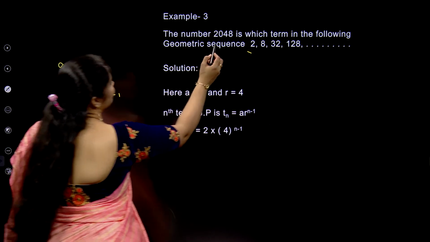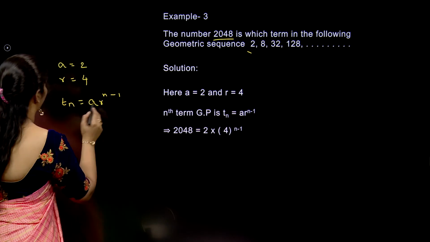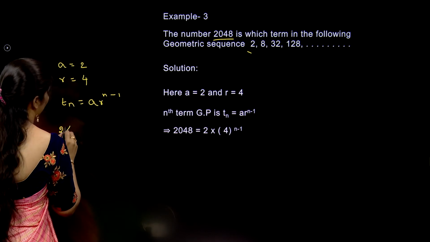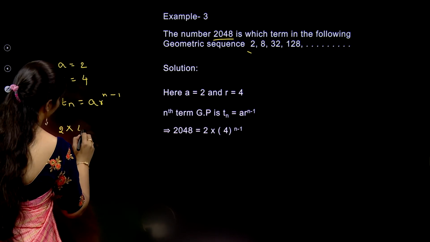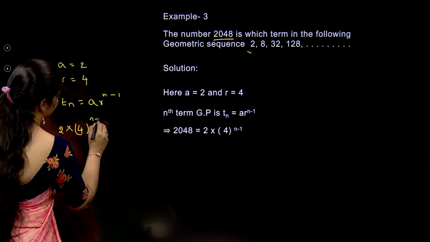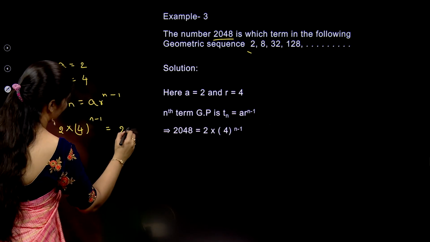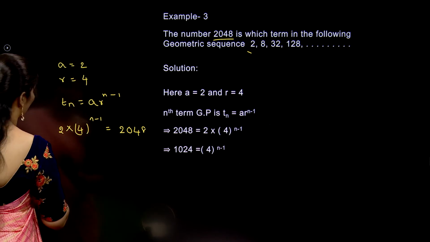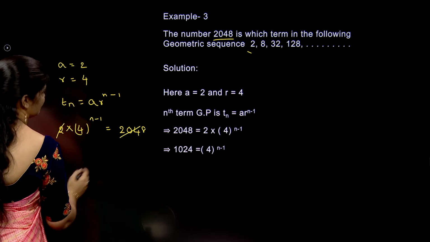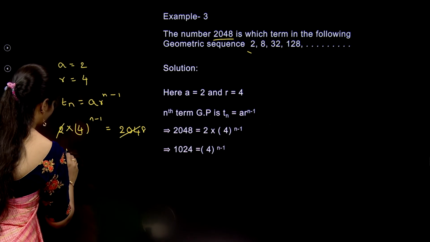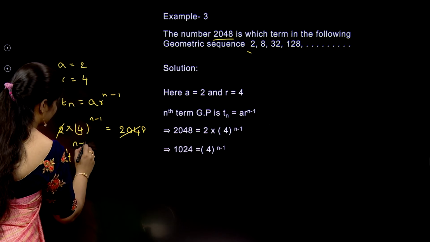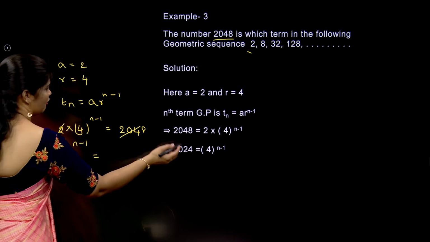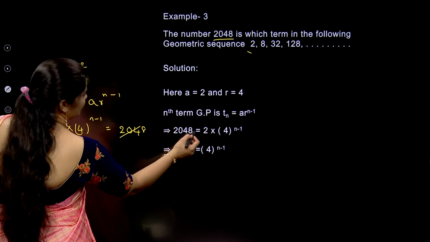Tn is 2048, a value is 2, r value is 4, so 4 power n minus 1 equal to 1024.